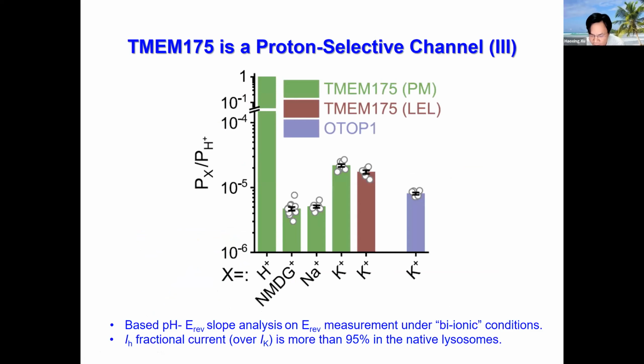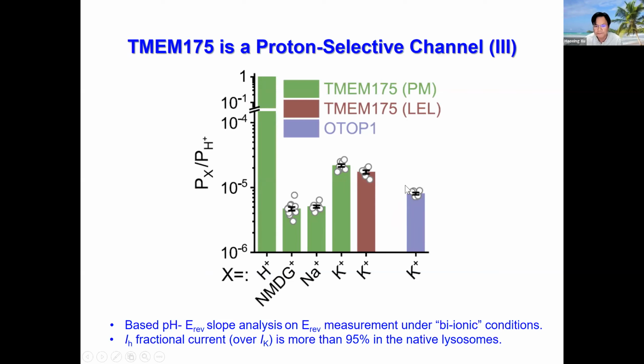Although there is a significant difference between sodium and potassium, I will explain that a little bit later. But these values are comparable to those of known proton membrane channels, like OTOP1, which is the sour taste channel in the tongue.